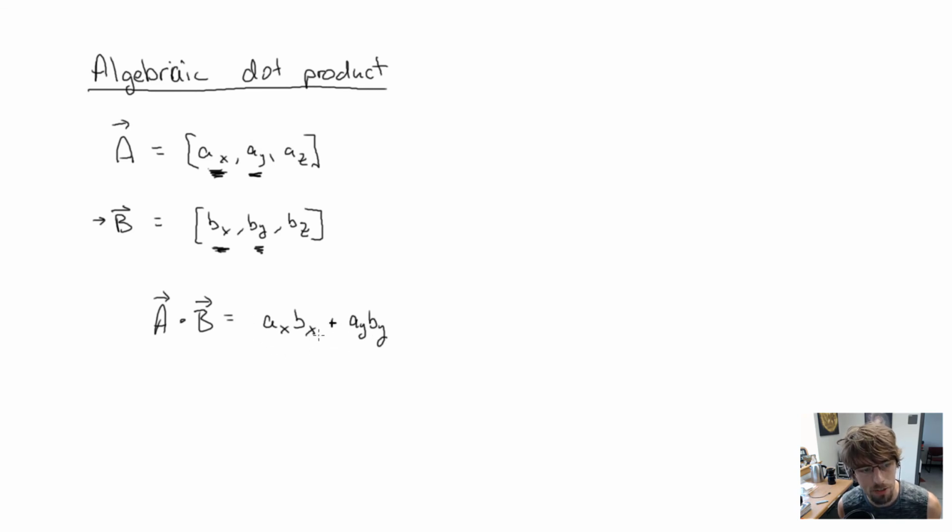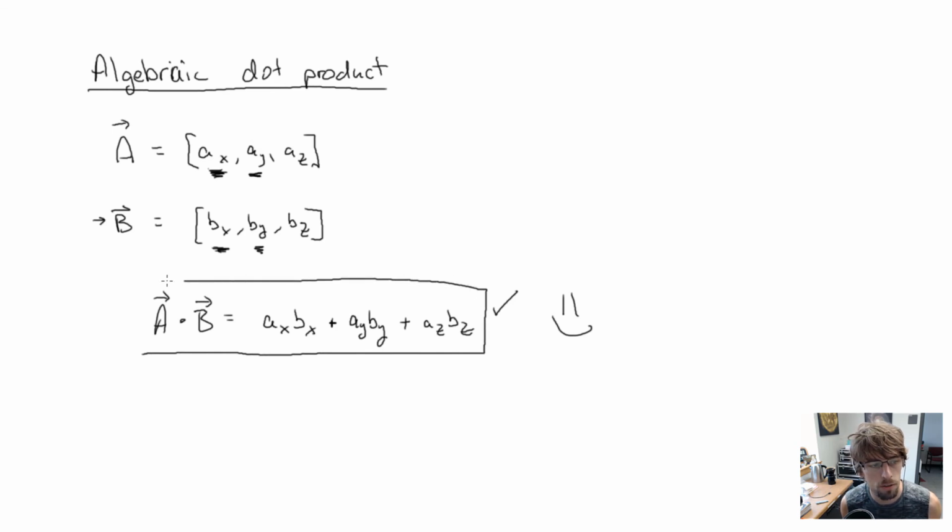So I've got how much they overlap in the x direction. I've got the overlap in the y direction. I do the overlap in the z direction. And I am done. Happy, happy, happy. I have now got an expression for how to algebraically determine the dot product.